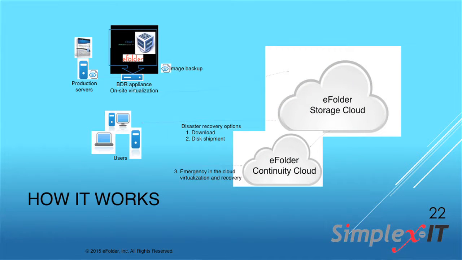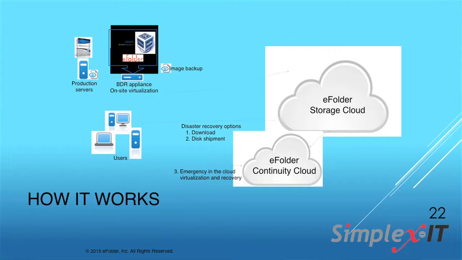So what we have is our production servers here, and then we're going to be backing up to a device, an appliance. We usually call it a BDR, backup disaster recovery. This is one methodology, by the way. So we've really got 3 sets of the server. We've got the production server itself.